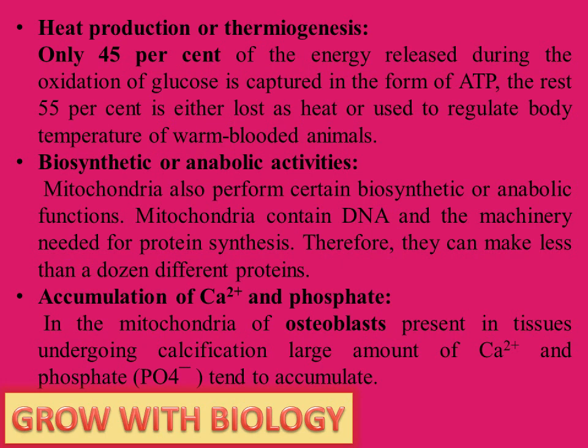Now when we see the biosynthesis or the anabolic activities, mitochondria perform some of these activities, as mitochondria contain DNA and have much of the machinery required for protein synthesis. There is accumulation of calcium and phosphates in the mitochondria of the osteoblasts present in the tissues which undergo calcification. We find that large amounts of calcium and phosphate are accumulated there.